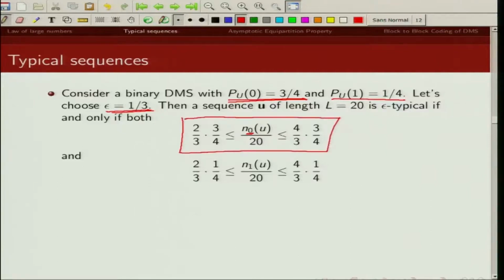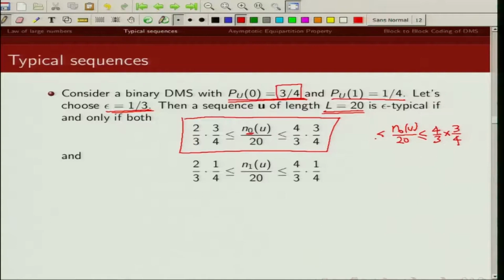The number of occurrences of 0, which I am denoting by N_0(U), divided by length L, which is 20 here, should be less than or equal to 1 plus epsilon, which is 1 plus 1/3, that is 4/3, times the probability of occurrence of 0. The probability of occurrence of 0 is given by 3/4. So this is this.